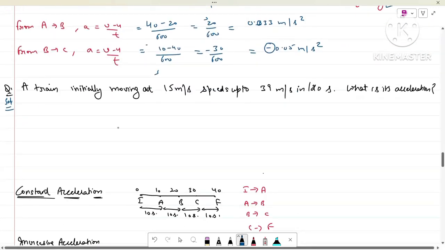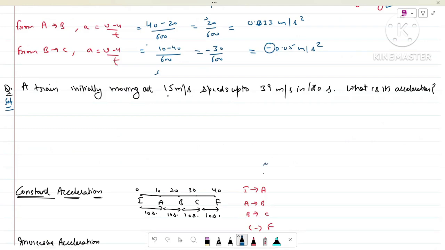Let's solve one question. A train initially moving at the speed of 15 meter per second speeds up to 39 meter per second in 120 seconds. Find the acceleration. Acceleration is defined as v minus u by t, where v is final speed, u is initial speed, divided by t, time taken.